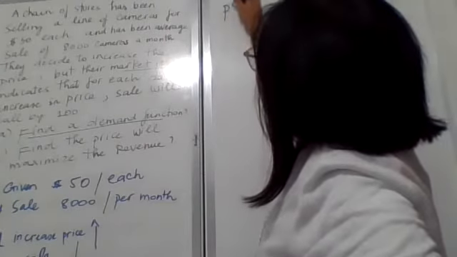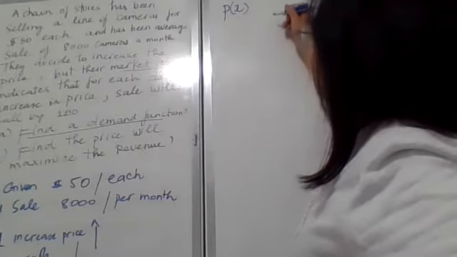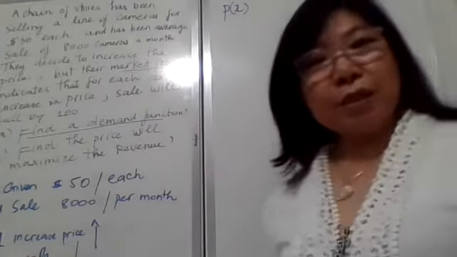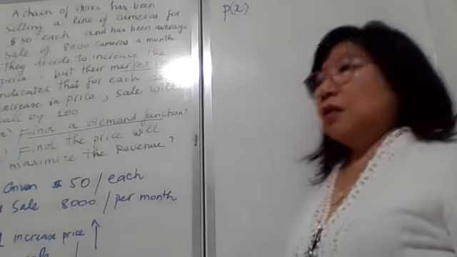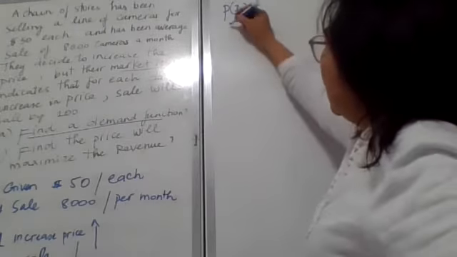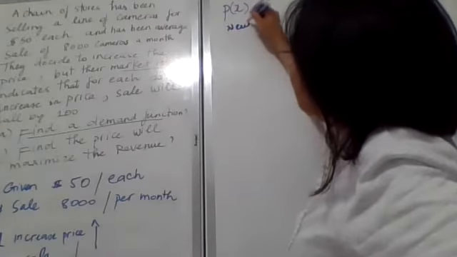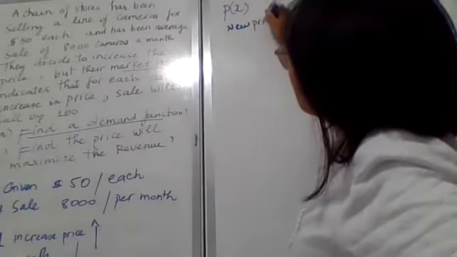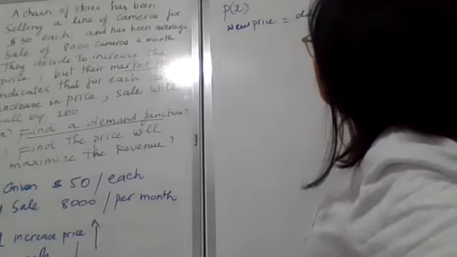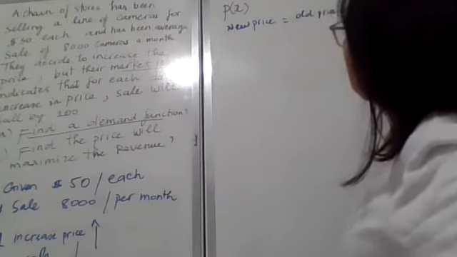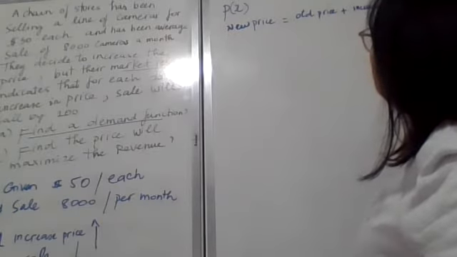So P(x) is the price function. And before we do that, we have to establish some kind of variable, right? Now we know that our new price will be equal to the old price, the old price adding the increase for each camera.